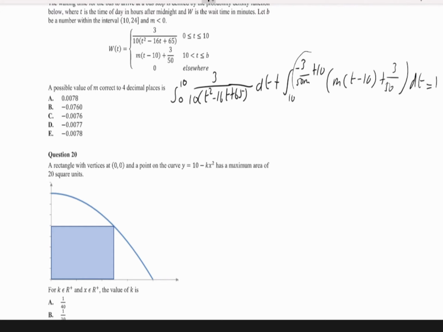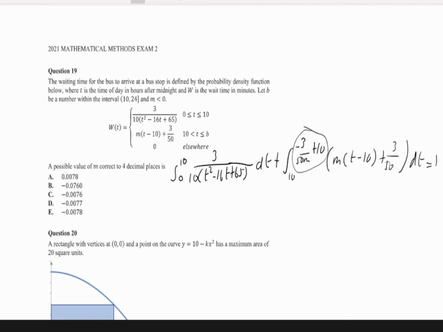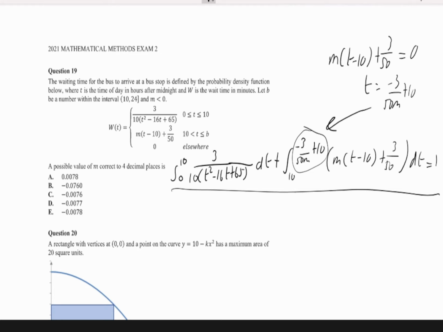The reason I wrote this over here as the upper boundary is that you just want to be finding what the t value is when this function equals 0, and you would get t equals negative 3 on 50m plus 10, and you just plug that in over here. And once you solve this equation, you would get option D.